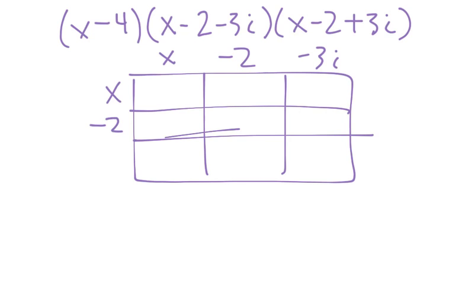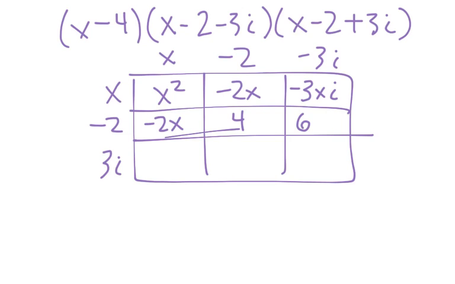X, negative 2, positive 3i. So x squared, negative 2x, negative 3xi, negative 2x, positive 4, positive 6i, positive 3xi, negative 6i, and negative 9i squared.